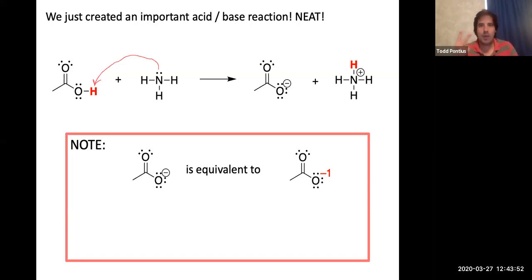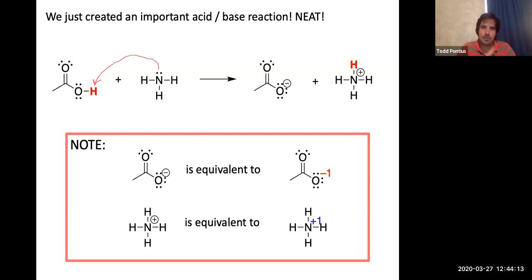So there are 2 different ways that you can denote formal charge. You can either write the value directly next to the atom, or I think this is the more aesthetically pleasing way, you can just write a negative sign and a circle around it. That means -1. Likewise, a positive with a circle around it just means +1.